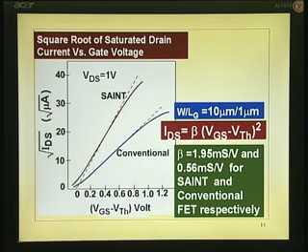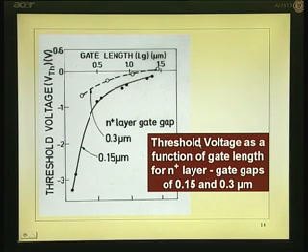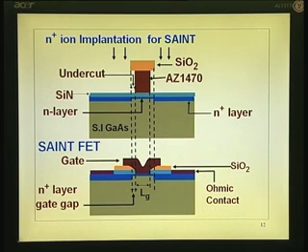Now, this is for one particular channel length and one particular gap that they have provided, about 0.3 micron. Let us see the effect of that gap, the gap between the n plus layer and the gate. I think to keep that focused, maybe I can go to this and show you. I will not be going back to this again and again.